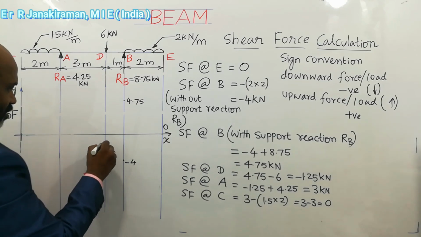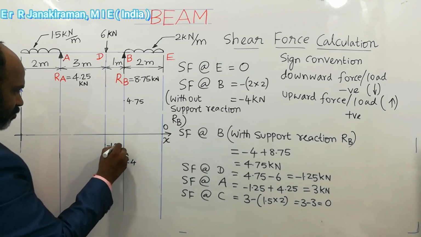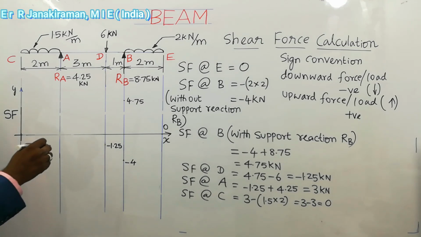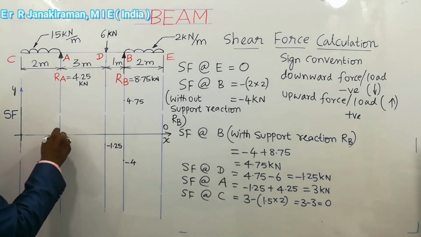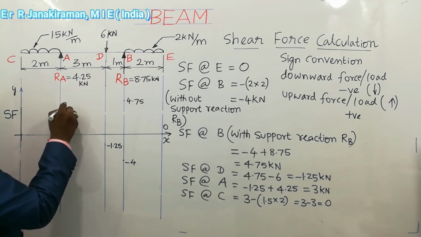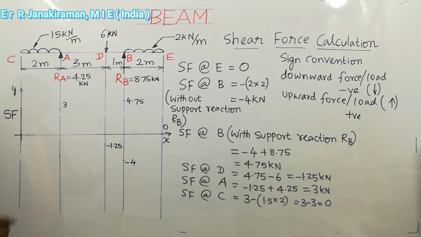So now mark this as minus 1.25. Understand? Next at point A, 3 kilonewton is a positive sign. So 3. Next at point C the value is 0.